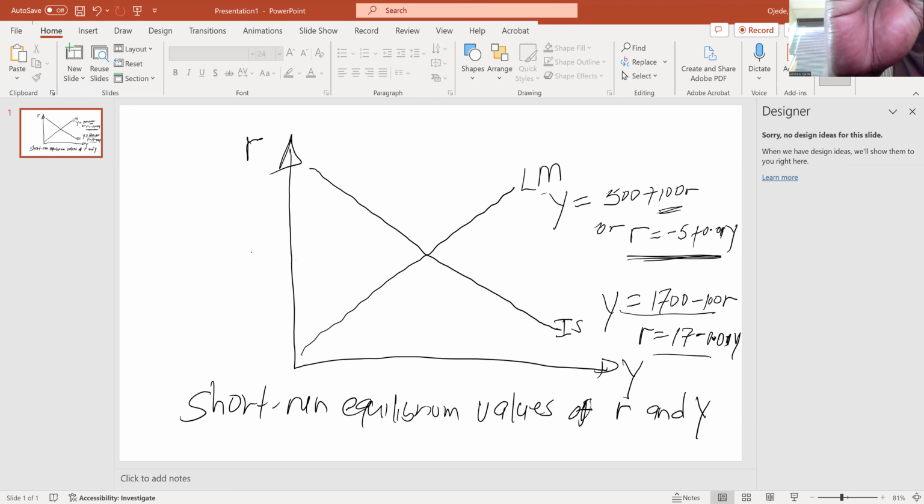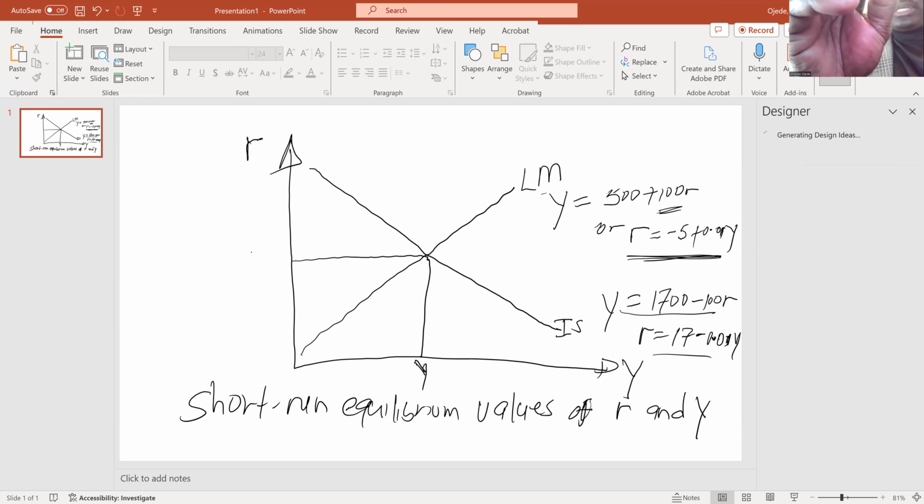That is the point where the LM curve and the IS curve intersect. The point of intersection determines your short-run equilibrium output. Remember, this is a Keynesian model, so this is Y, and it also determines the short-run equilibrium interest rate.